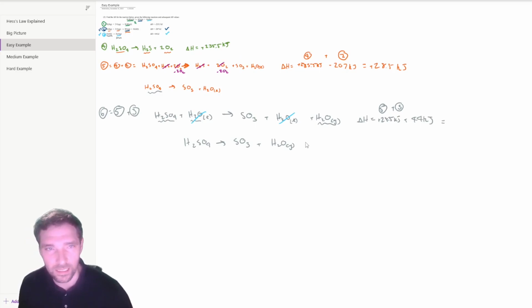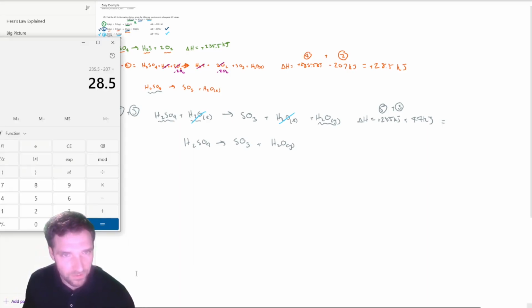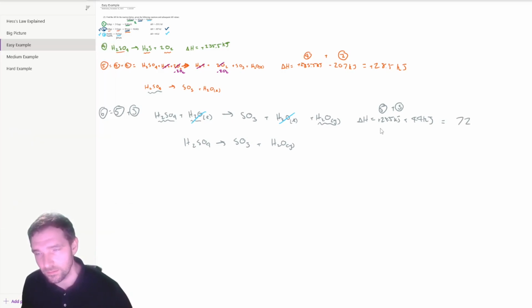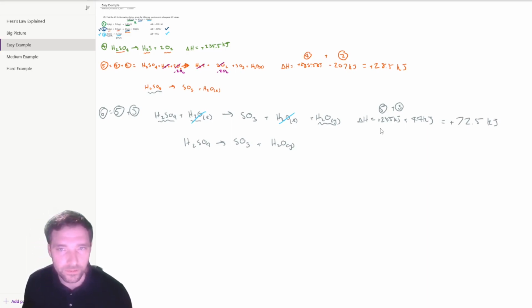And so these work together. It's kind of like going up a hill and then another hill in terms of that energy. And so this is a very positive number compared to those previous two. So instead of 28.5, now it's that plus 44. So we're left with 72.5 kilojoules as a positive number. And that's the main idea on these problems.